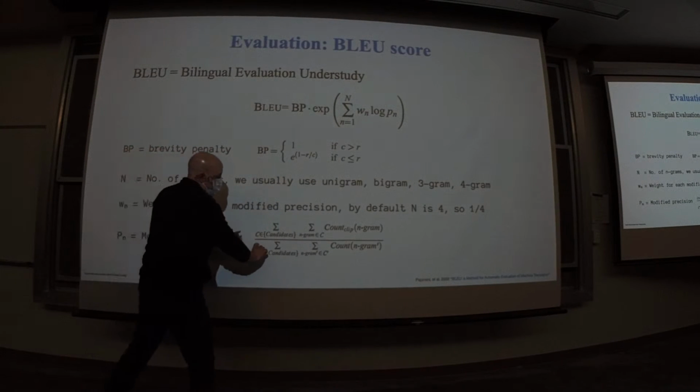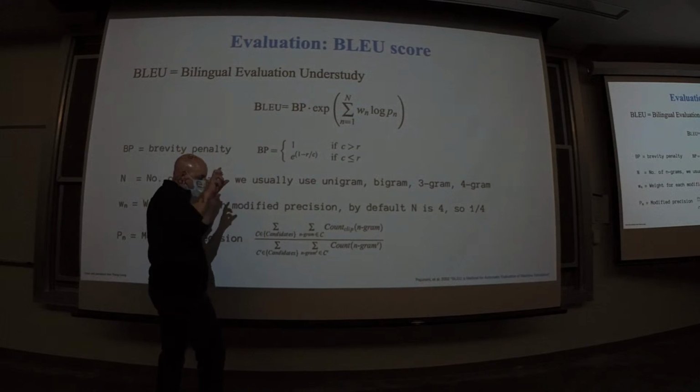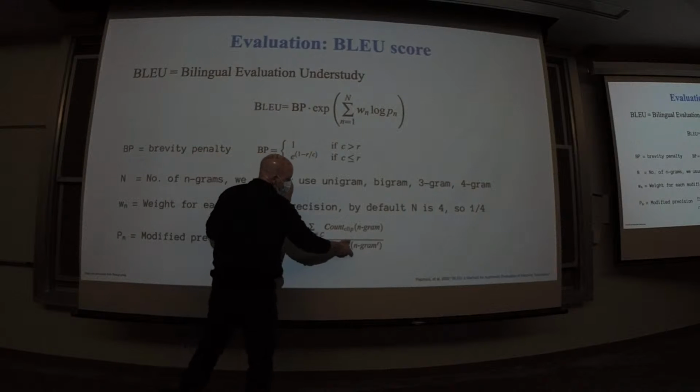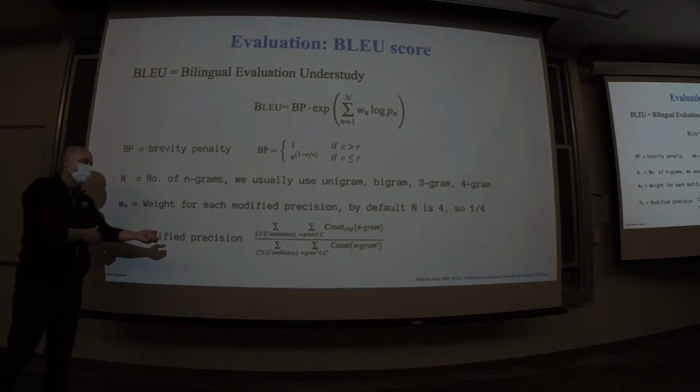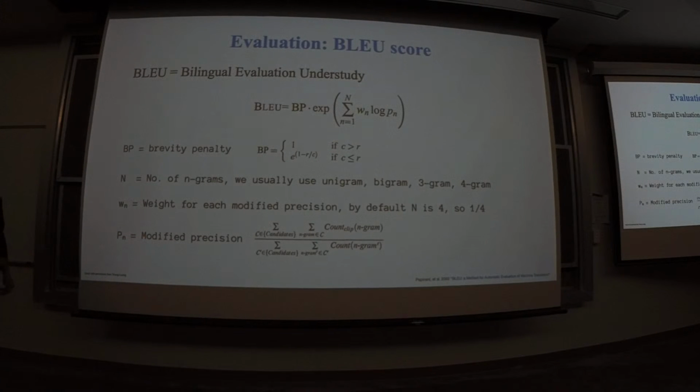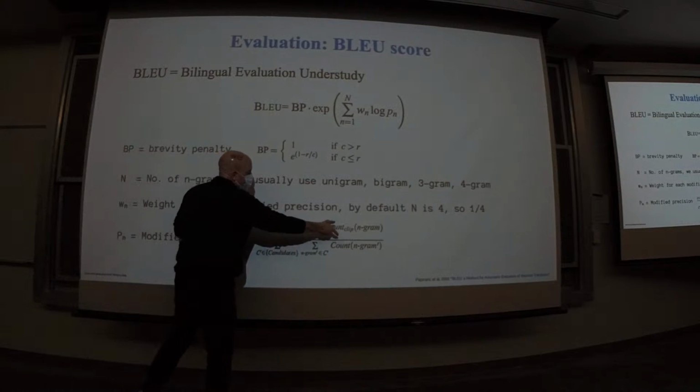That's in the human translated, the correct or target translations. That's in the denominator here. And now in the numerator, I want to have the same thing, but for the machine translation, so what my model actually translated.